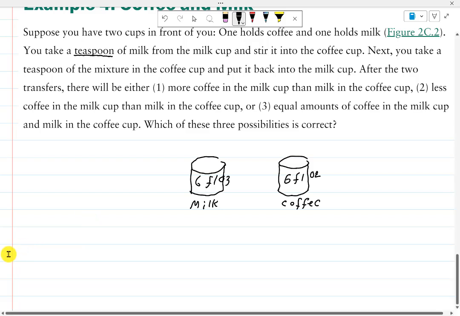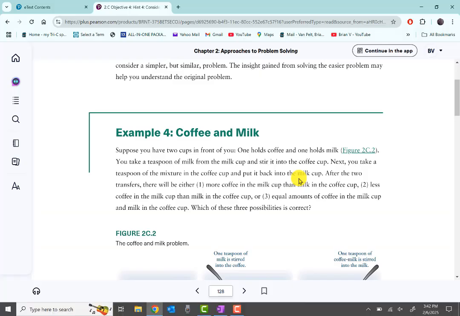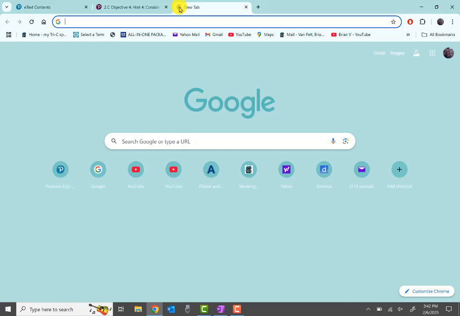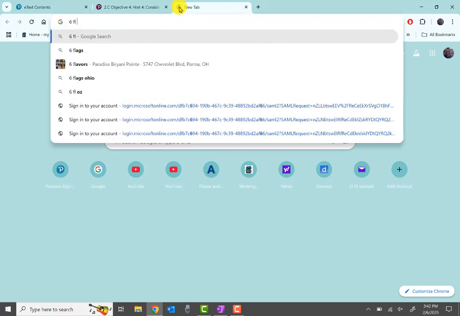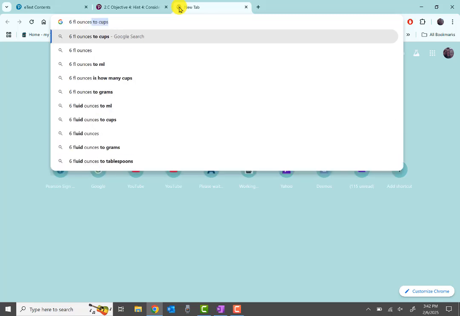So instead of having the volume in fluid ounces, maybe I can get it in teaspoons. So I'm going to go to Google and see what happens. Let me go at this. So I'm going to say 6 fluid ounces to teaspoons.